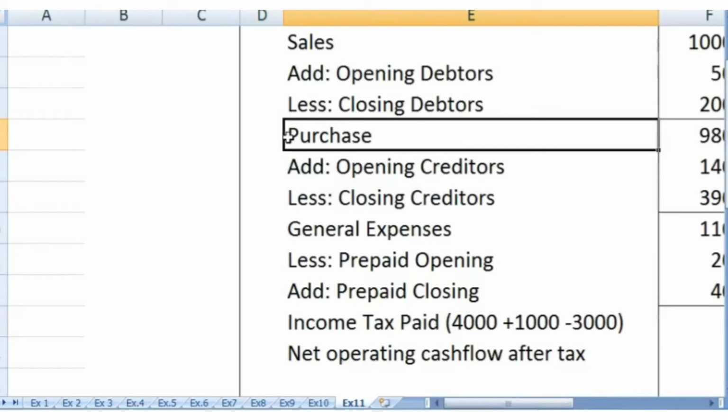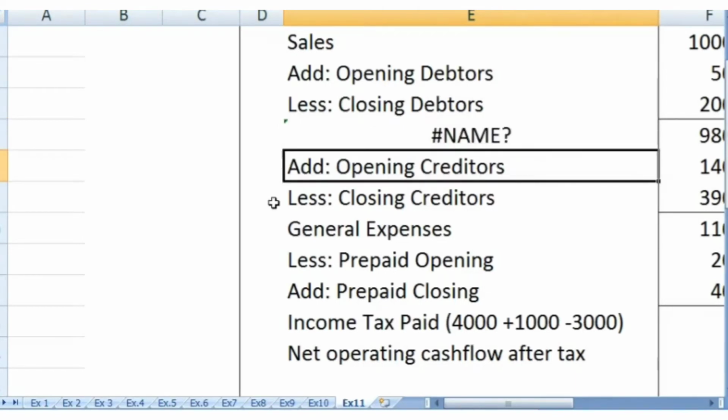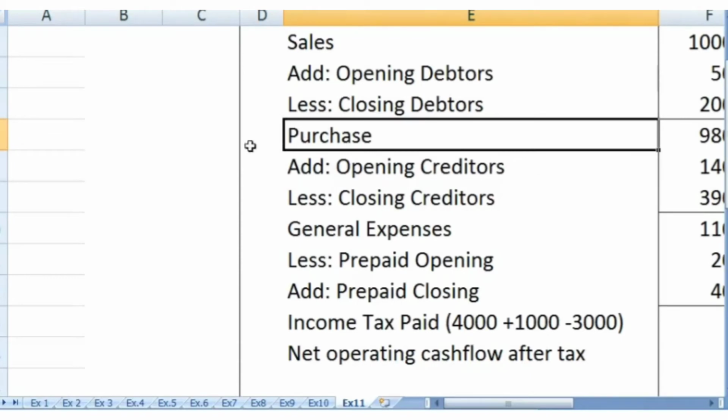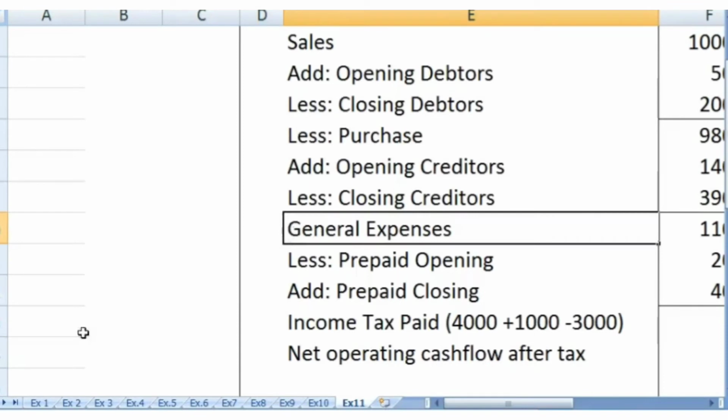Here I just mention sales, then less purchase. Sorry, this was a wrong entry. I think this is an Excel sheet, that's why it's not taken, so I just write here less.